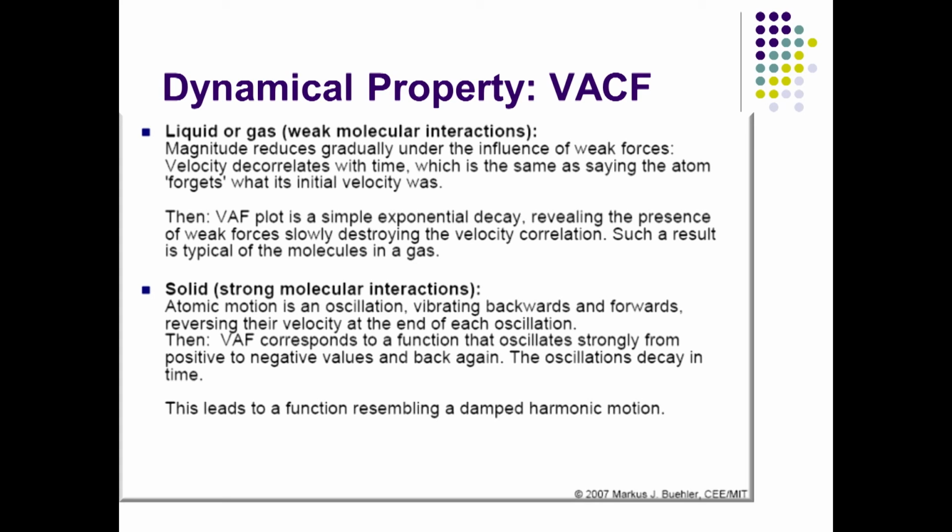However, the correlation does exist, and that leads to a function resembling what we call damped harmonic oscillation. So, we are looking at simple harmonic motion, and if you look at the velocity in that simple harmonic motion, we are setting up a situation where the velocity autocorrelation will connect with diffusion through what we call simple harmonic motion.